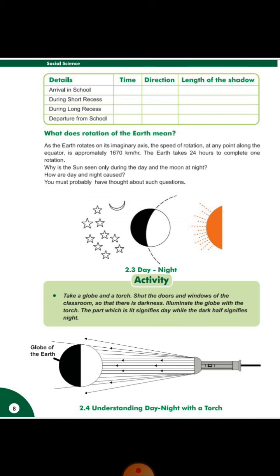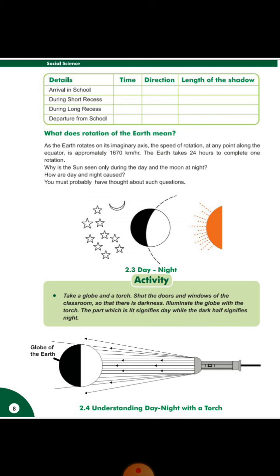Now we can go for the main one. What does rotation of the earth mean? As the earth rotates on its imaginary axis, the speed of rotation at any point along the equator is approximately 1670 kilometers per hour. Just underline that one.